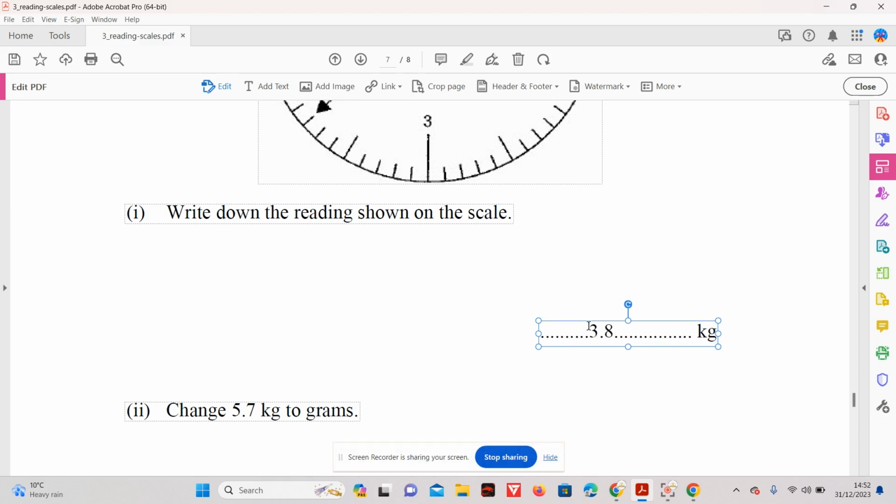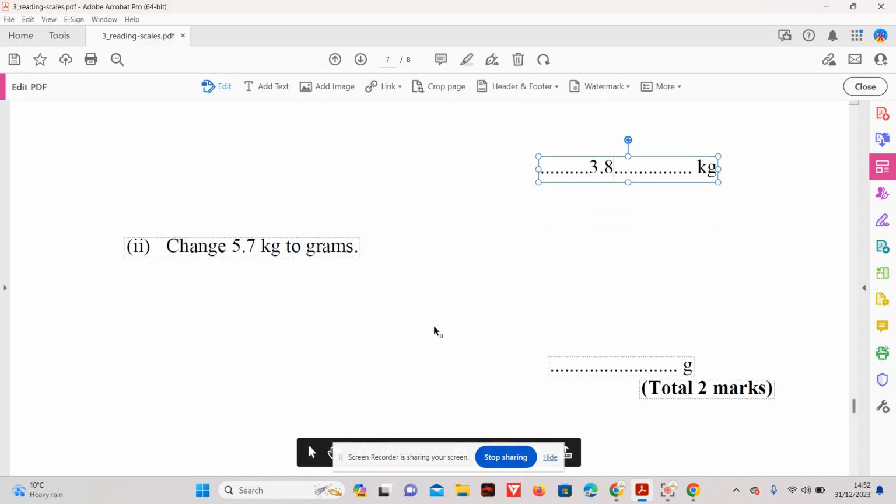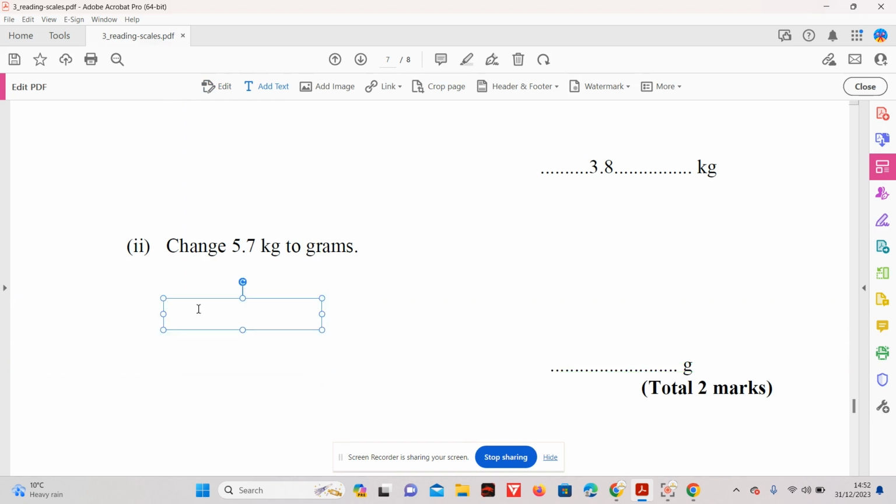3.8. Our next question is asking us to change 5.7 kilograms to grams. If you don't know how many grams there are in a kilogram, there are 1,000 grams in a kilogram. So it's a case of timesing this number by 1,000 to get our answer. I'm going to add a text box here. The best way to do this is just keep timesing it by 10.